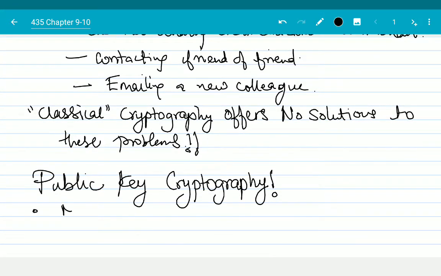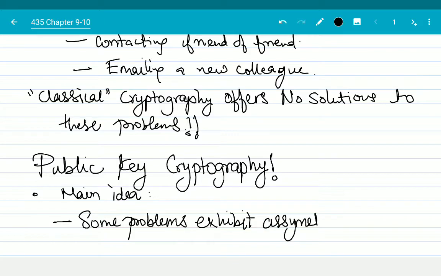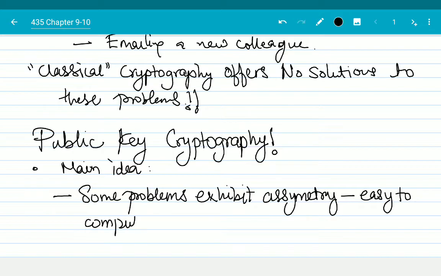So what is the main idea? I don't expect you to go and read the paper, so I'll just tell you what the main idea is. Some problems exhibit asymmetry, which are easy to compute if you know what you're doing, but really hard to invert.